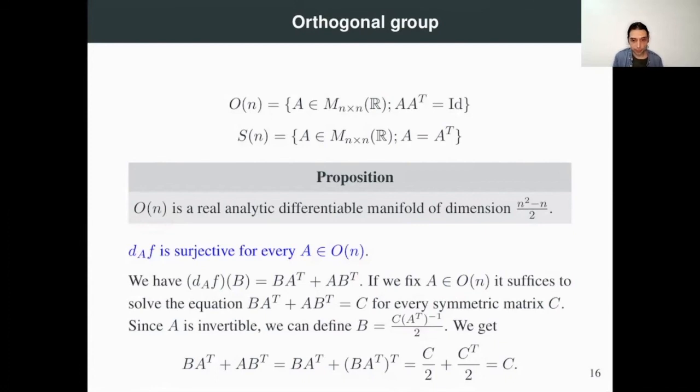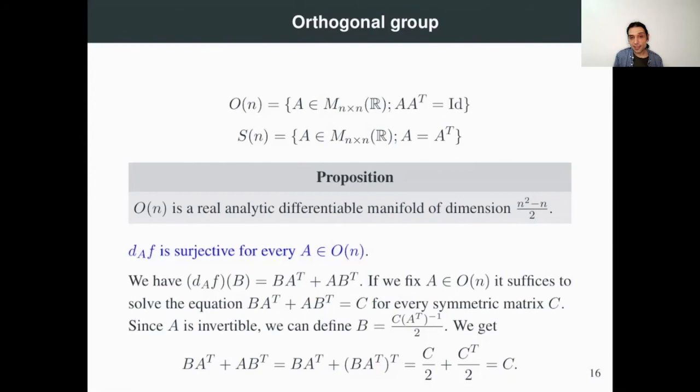So since A is invertible, because A is an element of the orthogonal group and every orthogonal matrix is actually regular, we can define B in this way, as the product of C and A, and then we divide by 2.